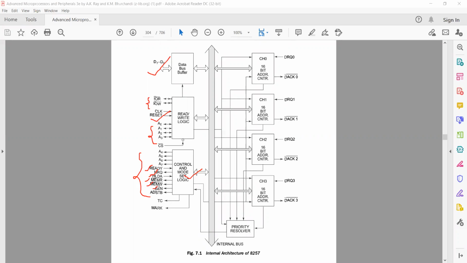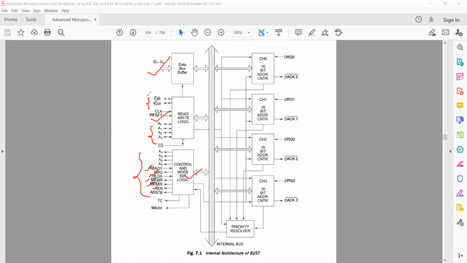These are all the control signals that control the operation of the DMA controller. That is why this is the heart of 8257. By varying the signals of this particular block, we can change the operations of the DMA controller. So this is the important block.